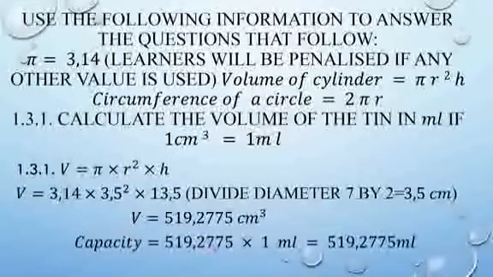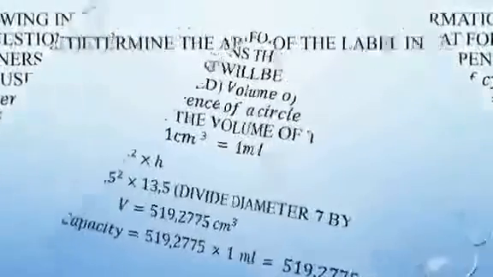The capacity, we are told that 1 cubic centimeter is equal to 1 milliliter. So we'll replace 1 cubic centimeter by 1 milliliter and multiply this together, we still have 519,2775 milliliter. That will be the capacity that we are looking for.